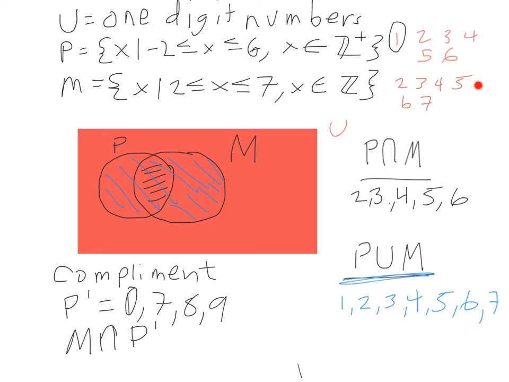M was 2, 3, 4, 5, 6, 7, where not P was 0, 7, 8, 9. So the only number that actually fits is 7.